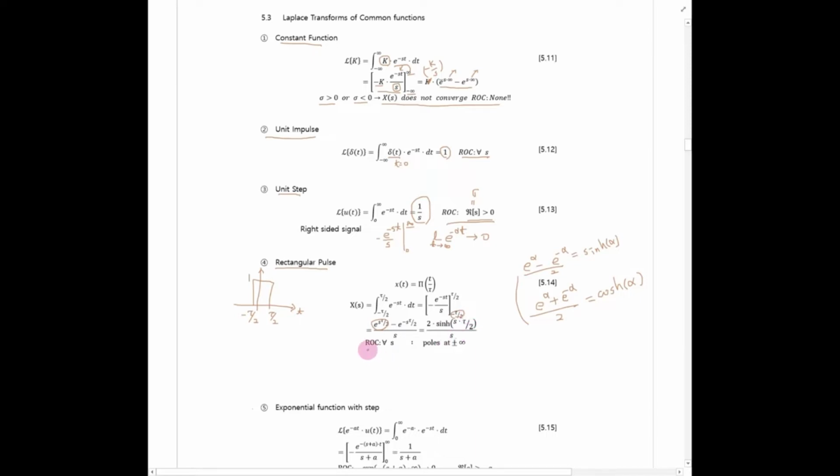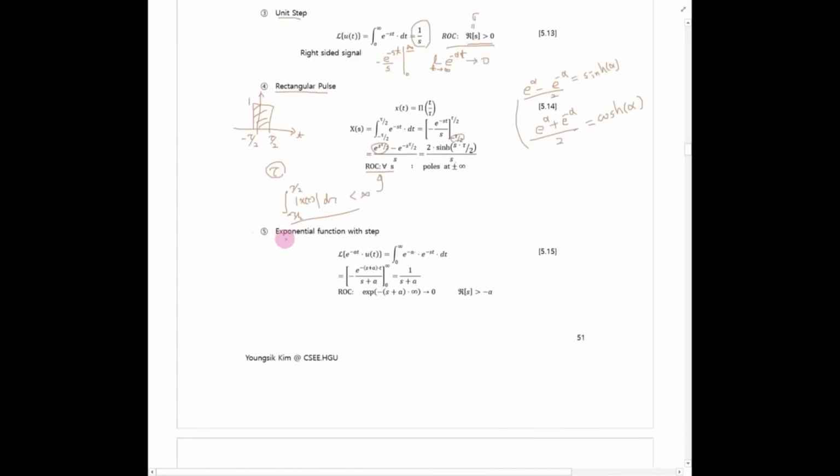In this case, the region of convergence is the whole s-plane, because it's a finite duration signal and the absolute integral of x(t) from minus tau over 2 to tau over 2 is a finite value, the area tau. If that is satisfied, then the whole s-plane becomes the region of convergence.